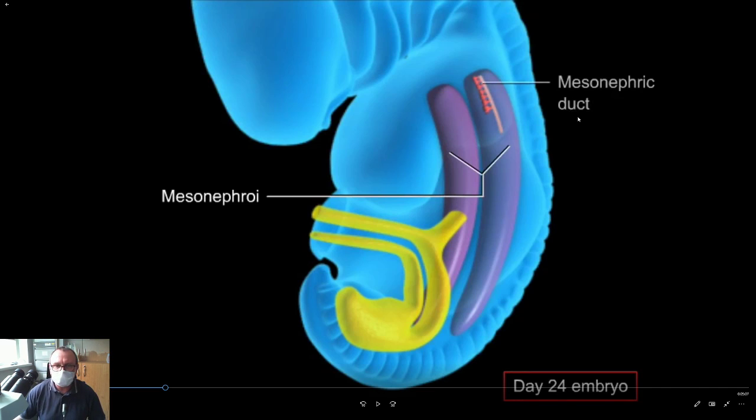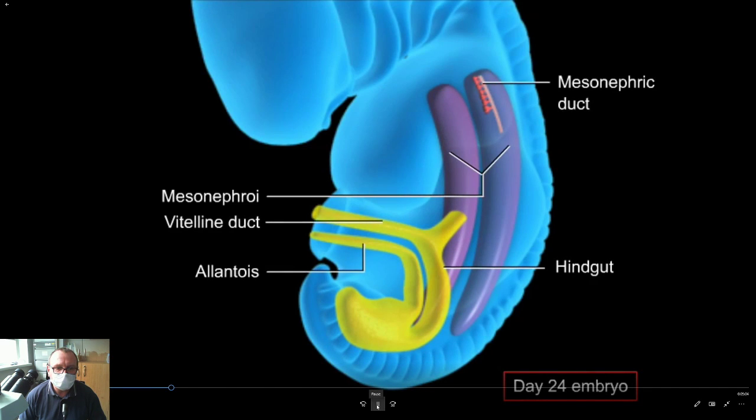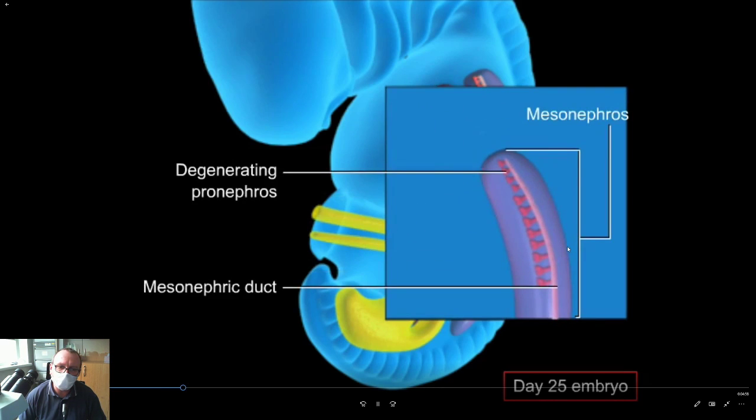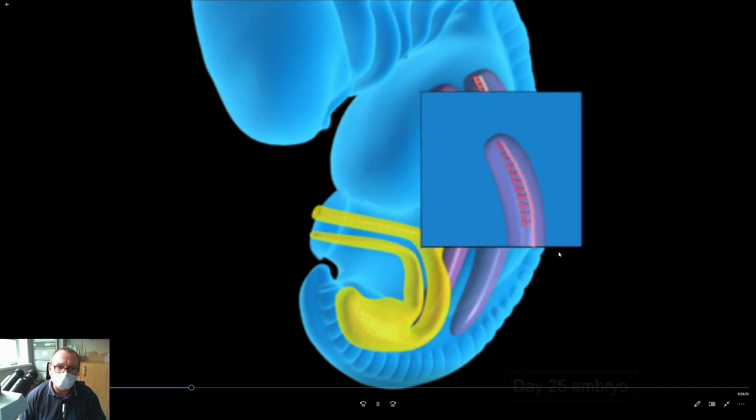This mesonephric duct is growing very quickly. You can see that it is the 24th day, and when I let it go, we will see how quickly it's growing towards the cloaca.